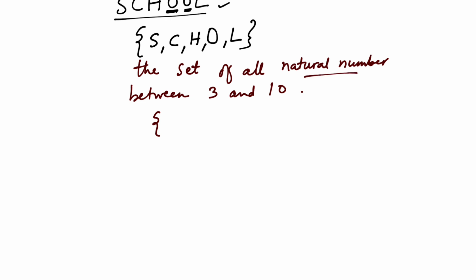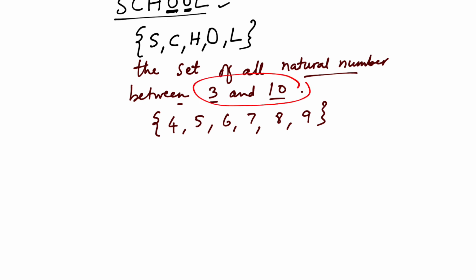We have to count the natural numbers in between 3 and 10, so we will not include 3 and 10. We will write all the natural numbers in between 3 and 10. That is 4, 5, 6, 7, 8, and 9. That's it.